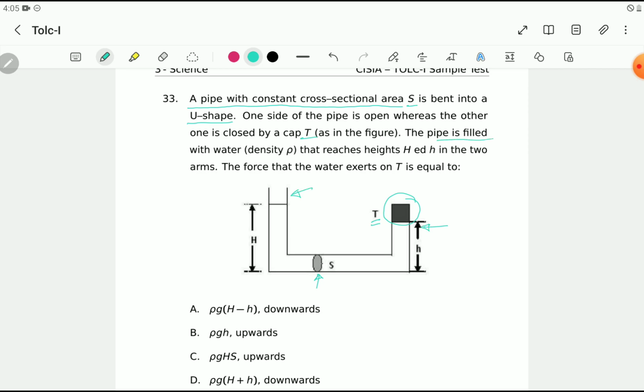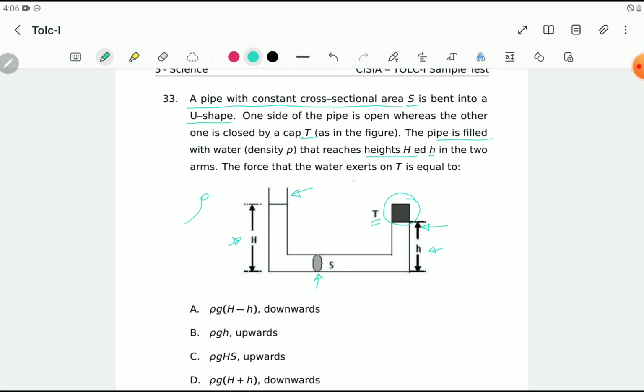The pipe is filled with water, with density rho, that reaches height H and h in the two arms. So the height of the open arm is H and the height of the closed arm is small h.